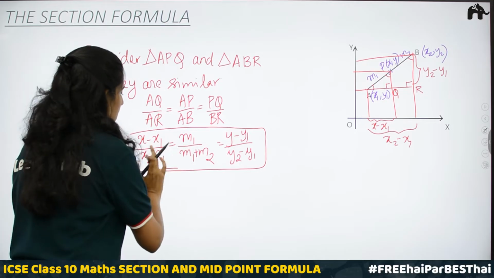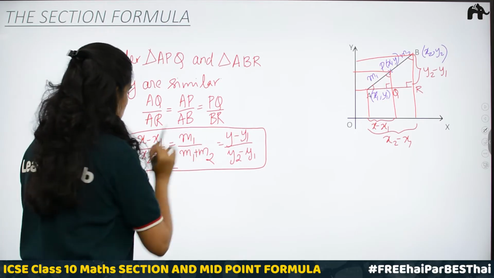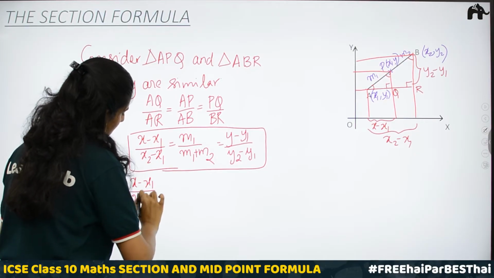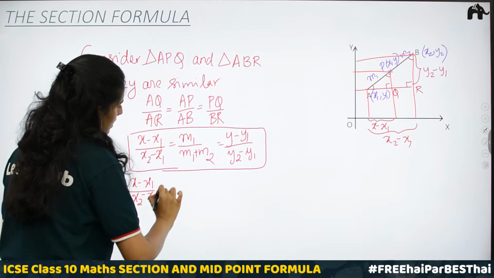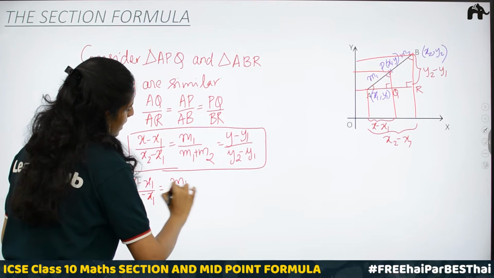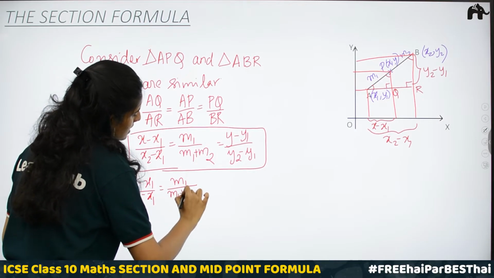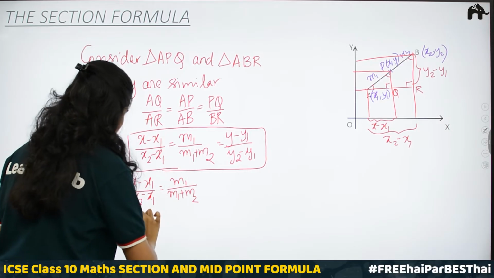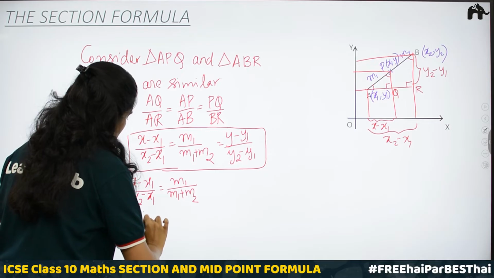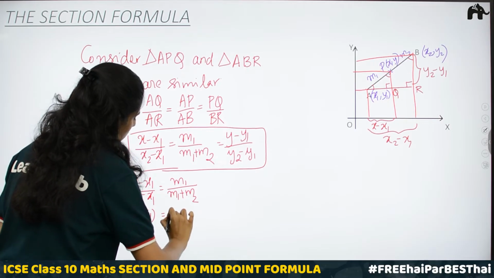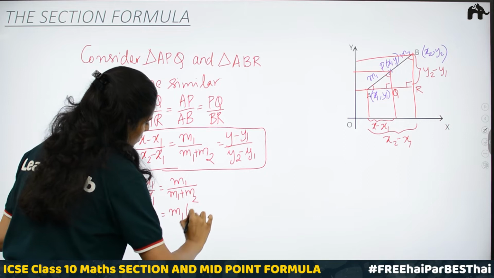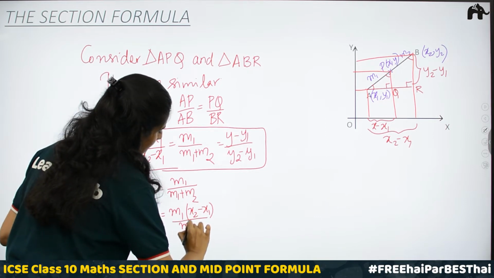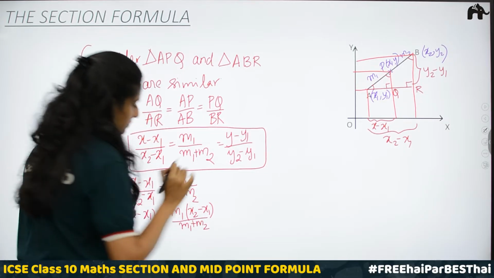Now, just check this. I am taking the first two parts: x minus x1 divided by x2 minus x1 is equal to m1 divided by m1 plus m2. On cross multiplying, we get x minus x1 is equal to m1 into x2 minus x1 divided by m1 plus m2.